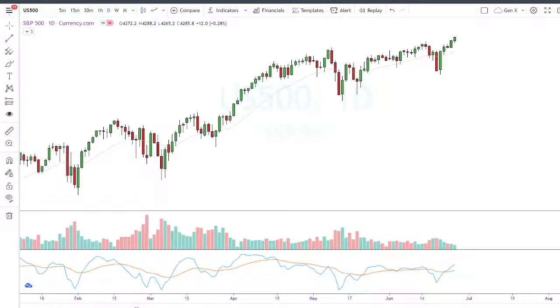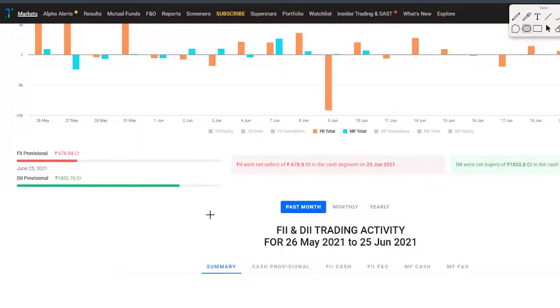So some of the important details that we are going to look into are the FII data on Friday. If you see here at this point, the FIIs were short by around 678 crores and domestic players were long around 1832 crores, which is a good sign because the domestic investors are supporting the market even though the FIIs are selling.